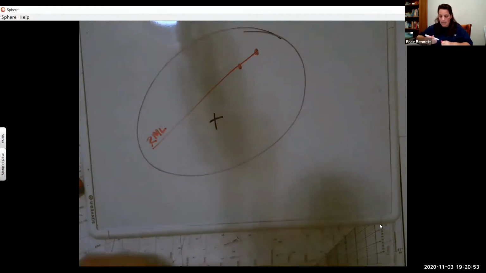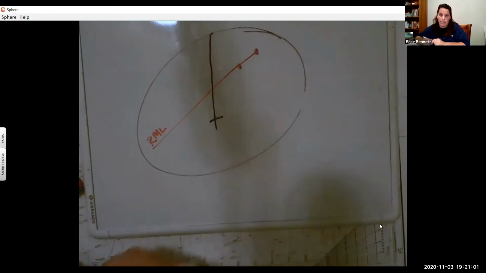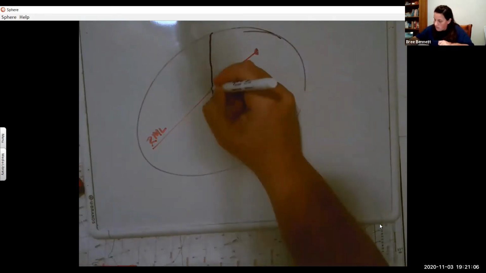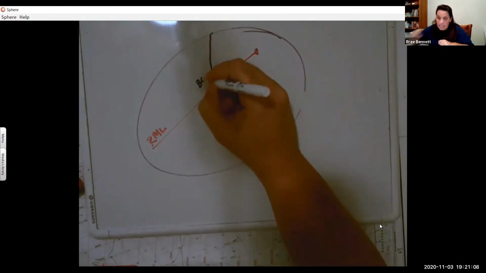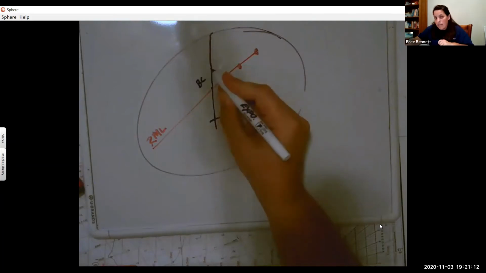If my heading is due north, that's where I'm headed. This point here would be that bow crossing. So that's where it's going to cross my bow if that's where I'm headed.